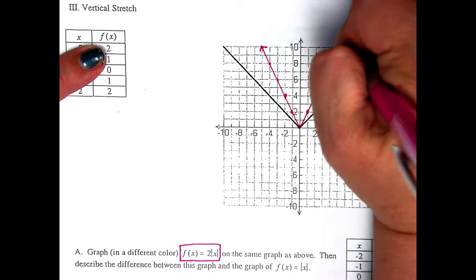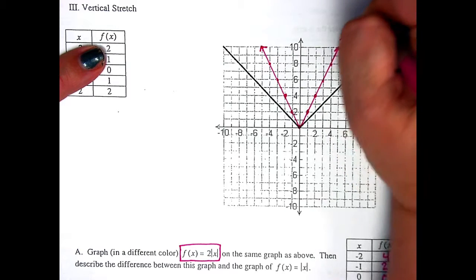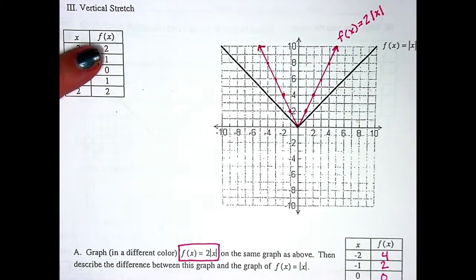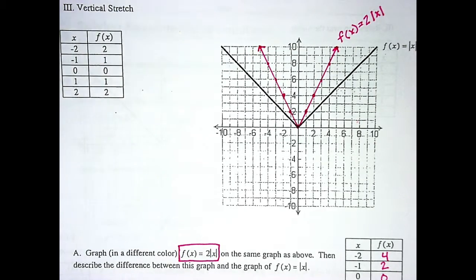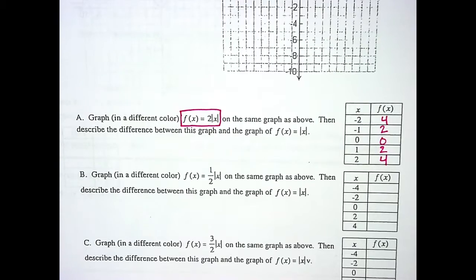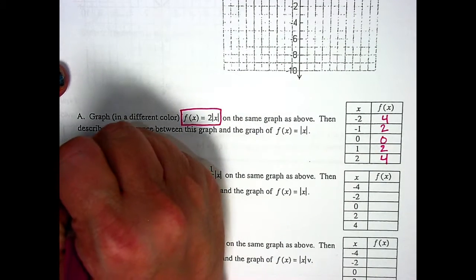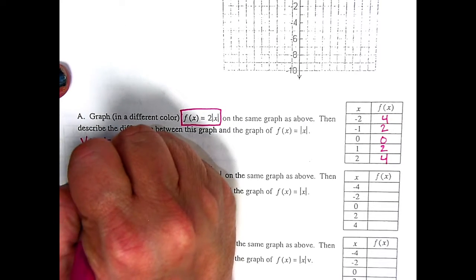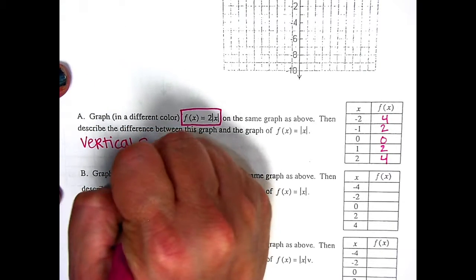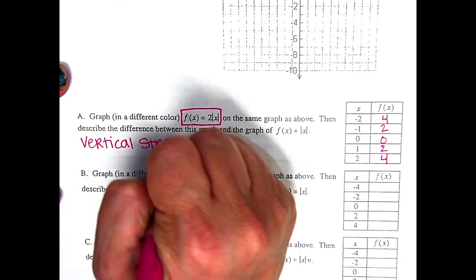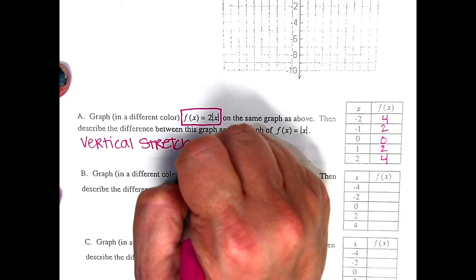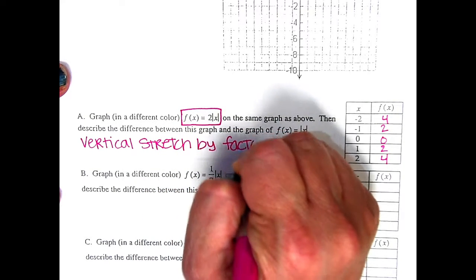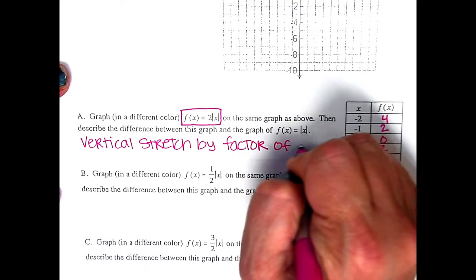This is f of x equals 2 times the absolute value of x. Okay, and when it gets skinnier on a graph, we call that a vertical stretch. So the change is a vertical stretch by a factor of 2.